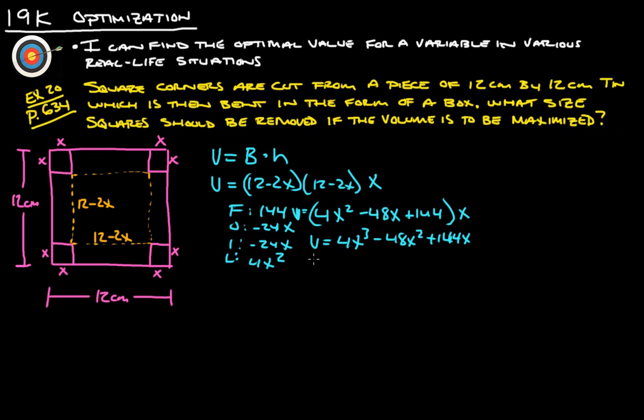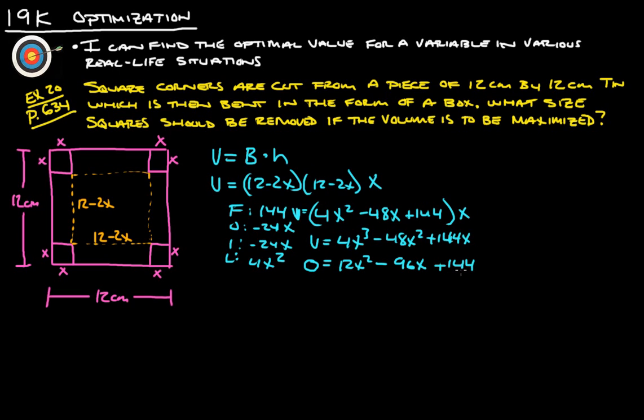Okay, so the derivative is going to be 12x squared minus 96x plus 144. And again, if we're trying to maximize, we know that the slope of the tangent is going to have to be 0. All right, so now we just want to solve this.